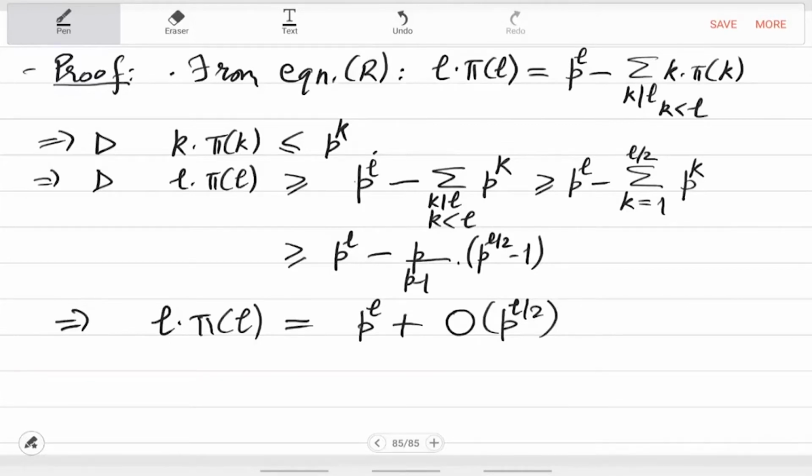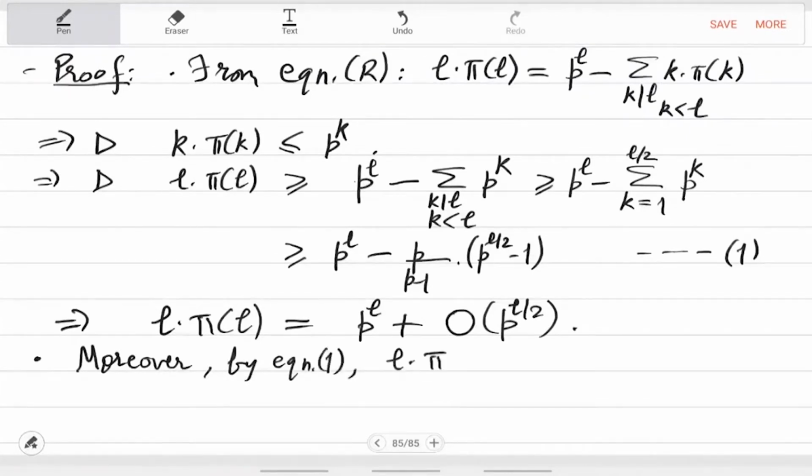From this you can now deduce inequalities as well. So you can observe at the inequality level here that L pi L is at least p raised to L minus p raised to L by 2.